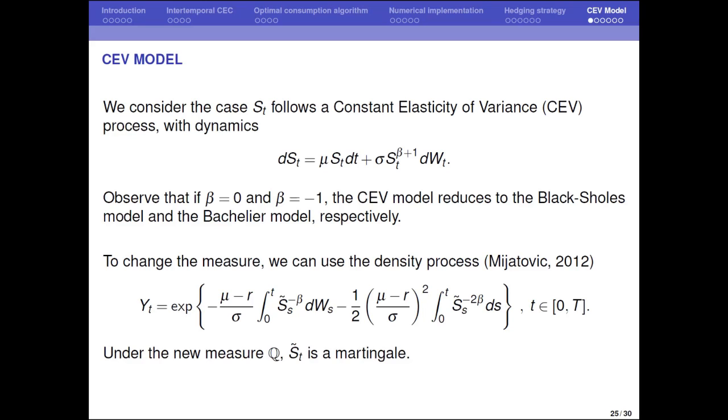Well, to have the Q measure for the stepwise process, we use a paper of Mijatovic, where we can use this density process that is a Doléans-Dade exponential, where we can see we again use the Sharpe ratio.